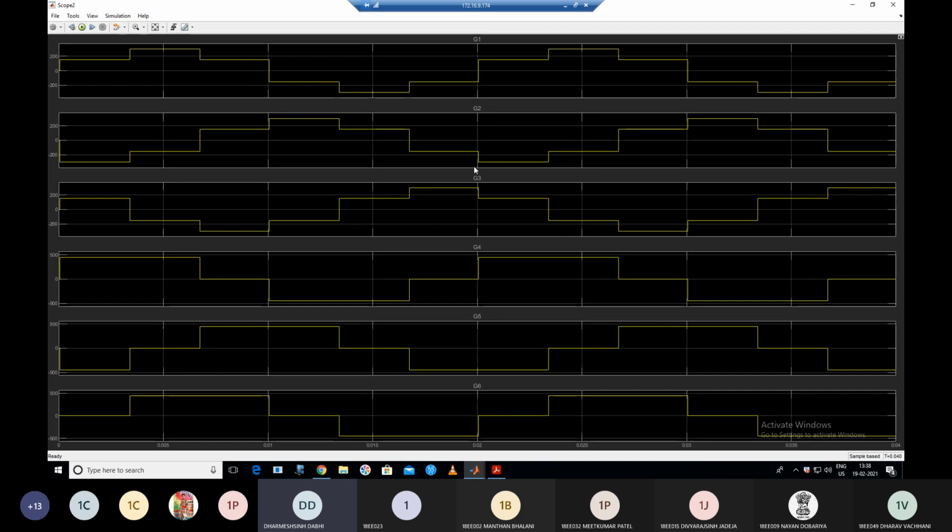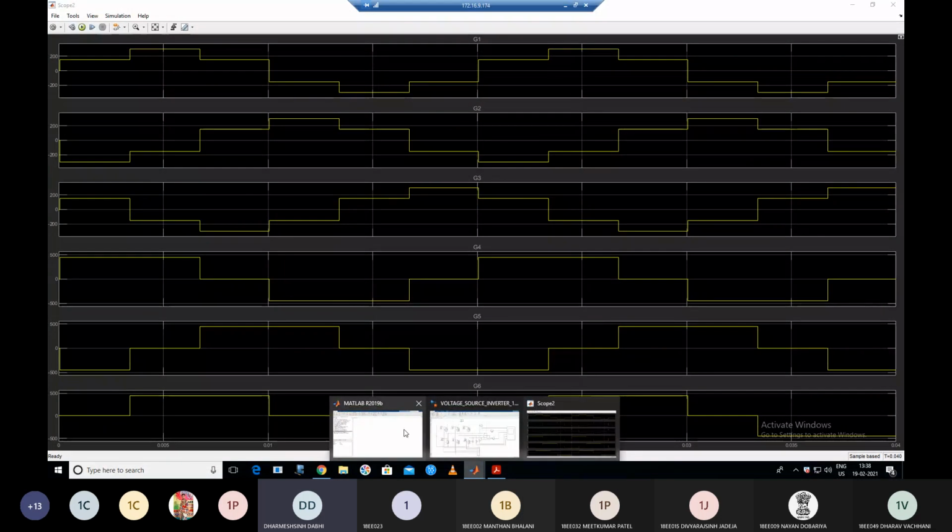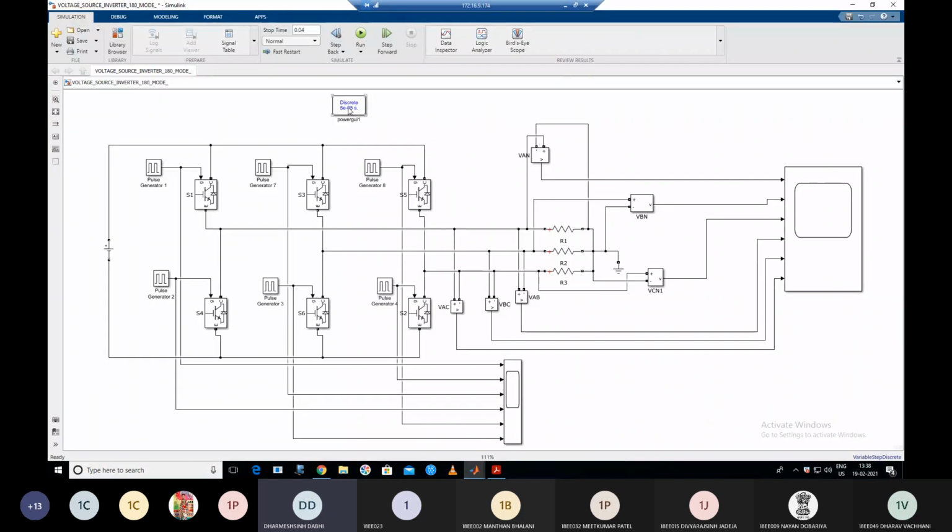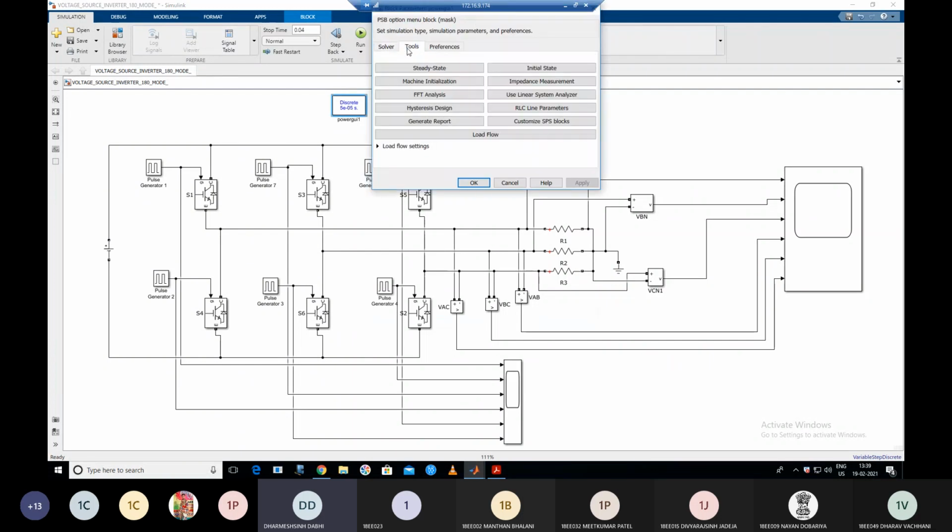Clear? Any doubt? Anyone? This waveform? No, sir. Now let's do the FFT analysis of these phase voltages and then check what harmonics are contained in this output voltage.